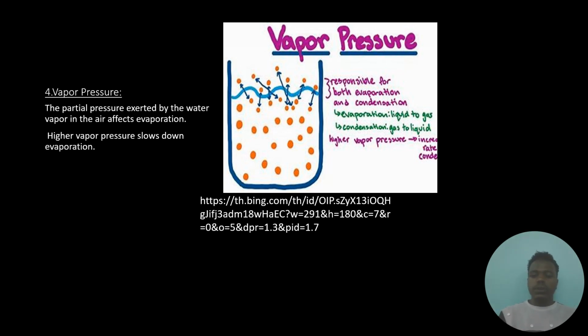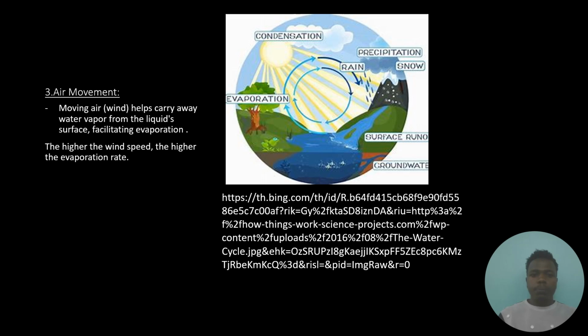We are going to continue with the point, air movement. Moving air, wind, helps carry away water vapor from the liquid surface, facilitating evaporation. The higher the wind speed, the higher the evaporation rate.